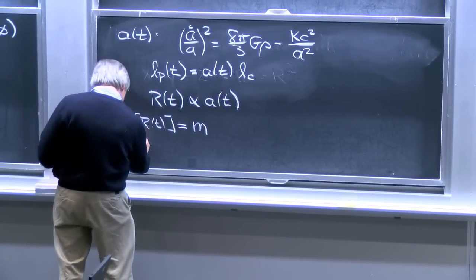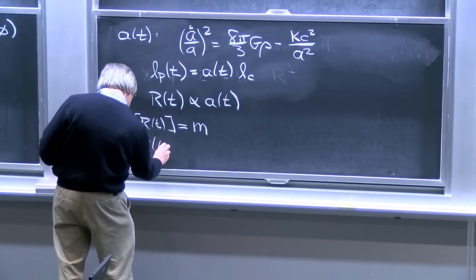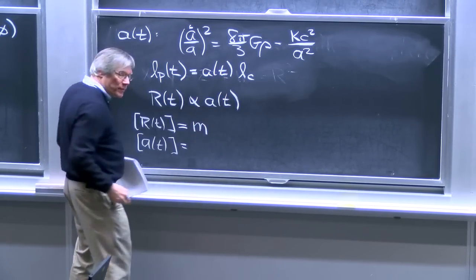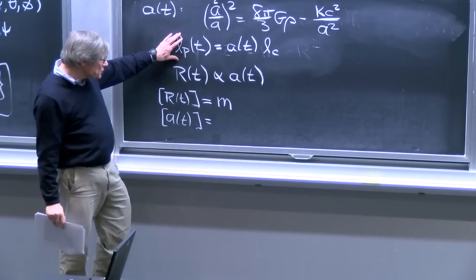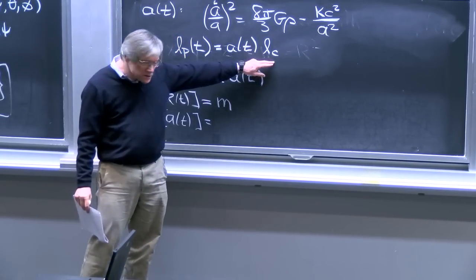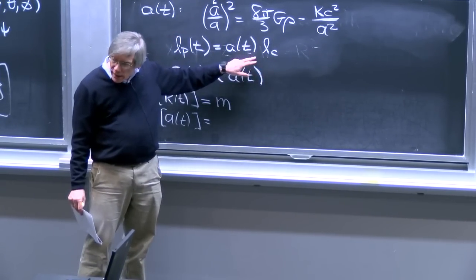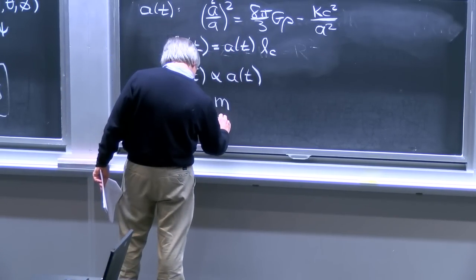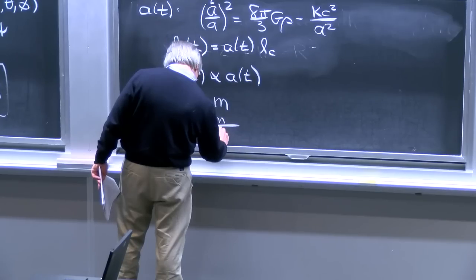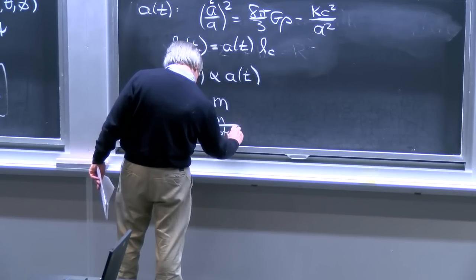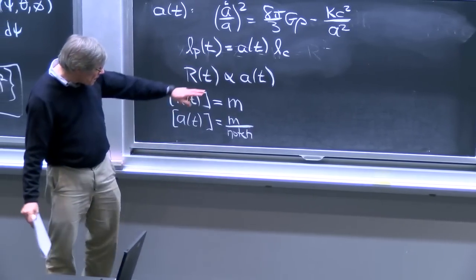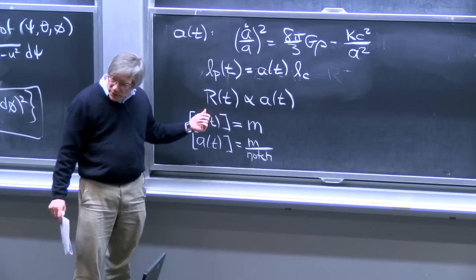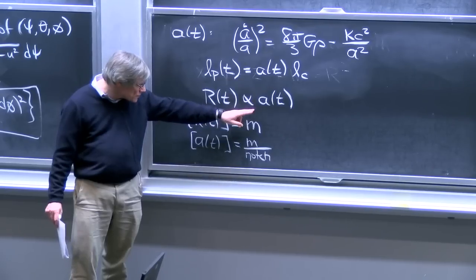On the other hand, a of t comes from this formula, where physical distances are measured in meters, but coordinate distances are measured in notches. So a is meters per notch, as we've said many times before. So a of t is meters per notch. So that tells us something about this constant of proportionality. It has to have the right units to turn meters per notch into meters. That is, it has to have units of notches.